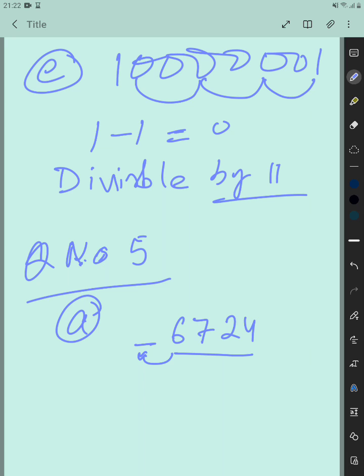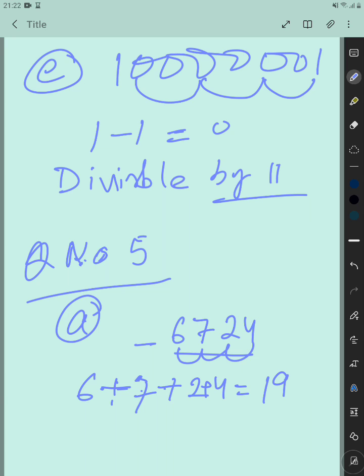So first of all we sum these digits: 6 plus 7 plus 2 plus 4. 6 plus 7 is 13, 13 plus 2 is 15, and 15 plus 4 is 19.